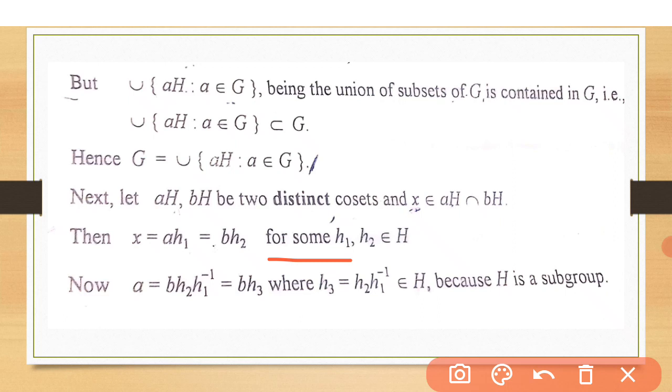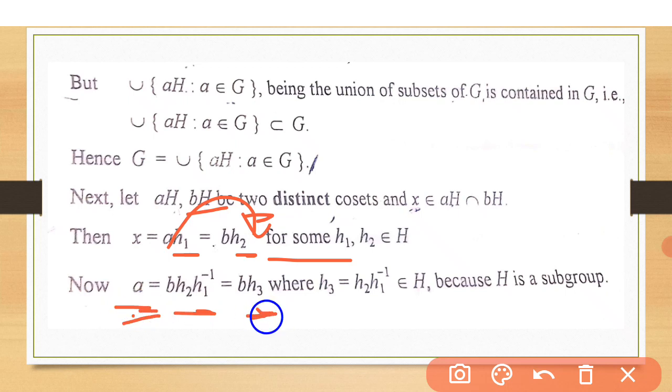Here now A is equal to, if this h1 comes here, then it becomes inverse. So h2 multiplied by h1 inverse gives us another element which we say is h3.